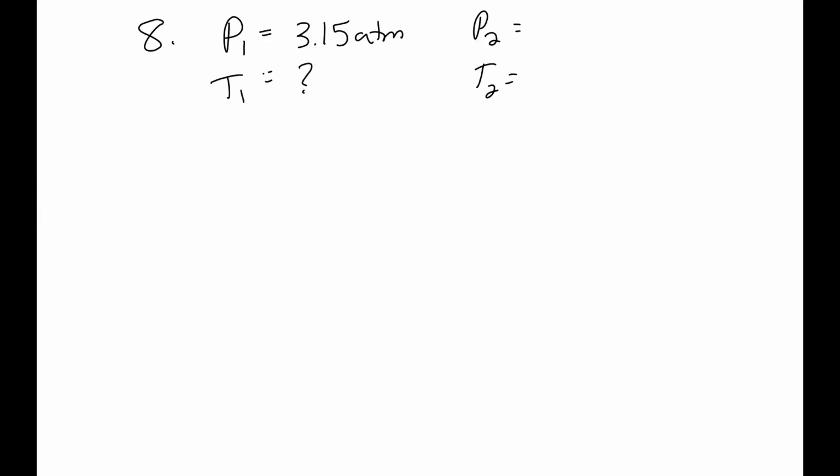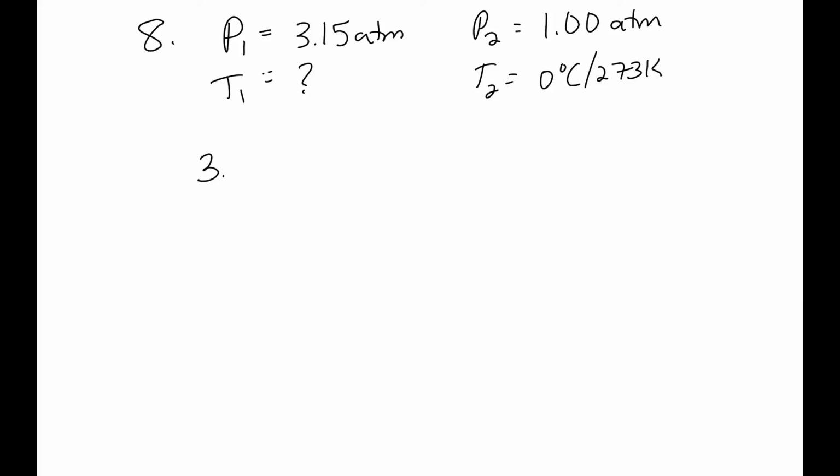If the container's temperature and pressure are lowered to STP, standard pressure is 1.00 atm, of course, and 0 degrees Celsius or 273 Kelvin. What is the initial temperature in degrees Celsius? Here I even specifically said degrees Celsius, but whenever I'm asking for temperature, unless I specifically ask for Kelvin, it's in Celsius.